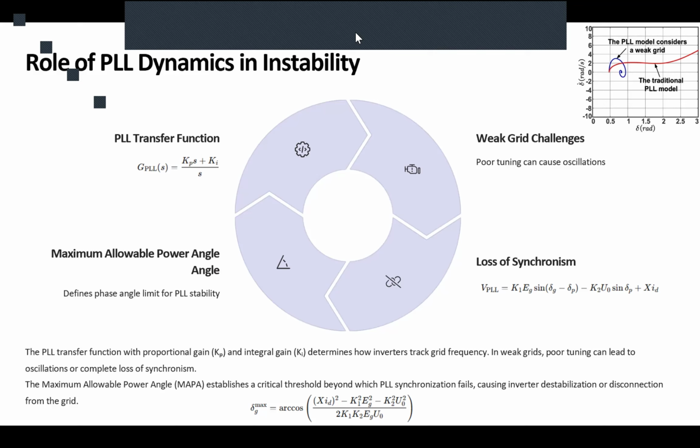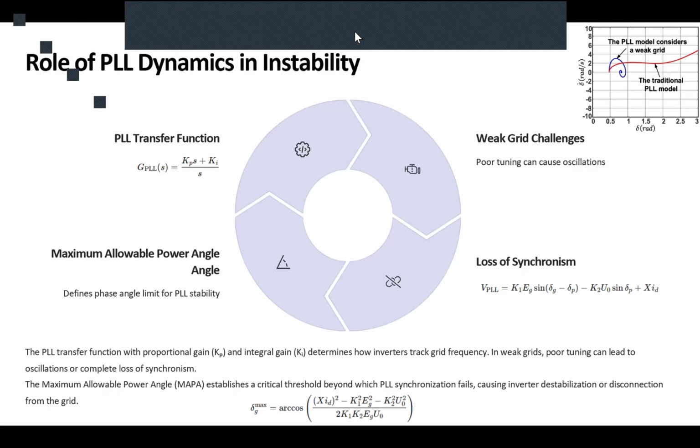So if the load doesn't change, that PID controller basically doesn't work in the transient time scale. Okay, so that means that PID controller would not affect it, because the time scale of that PID controller is much larger than the transient time scale. But PLL would, because it's dealing with the synchronization and the frequency variation.